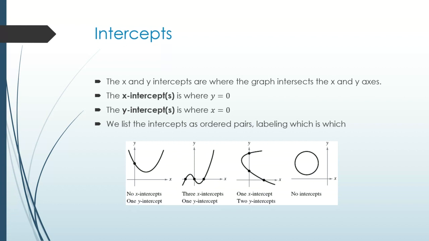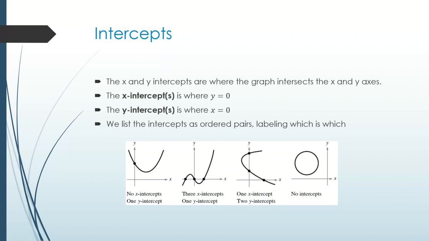So this picture shows you that, like the first graph, it doesn't cross the x-axis at all, so that doesn't have any x-intercepts, but it does cross the y-axis once, so that's one y-intercept. So you don't have to have the same number of x and y, and you don't have to have just one.